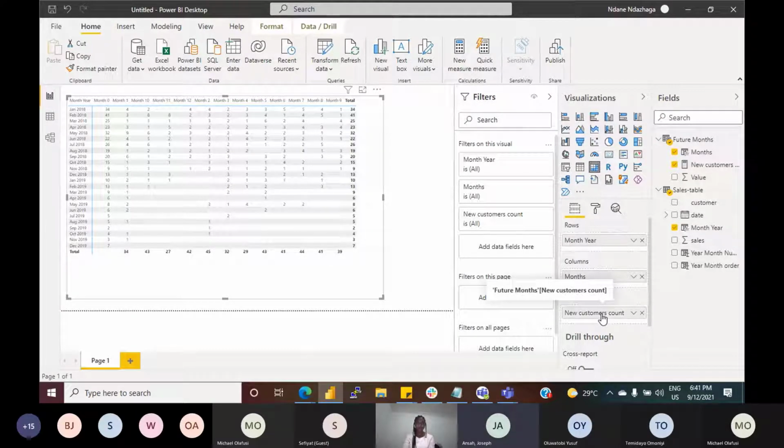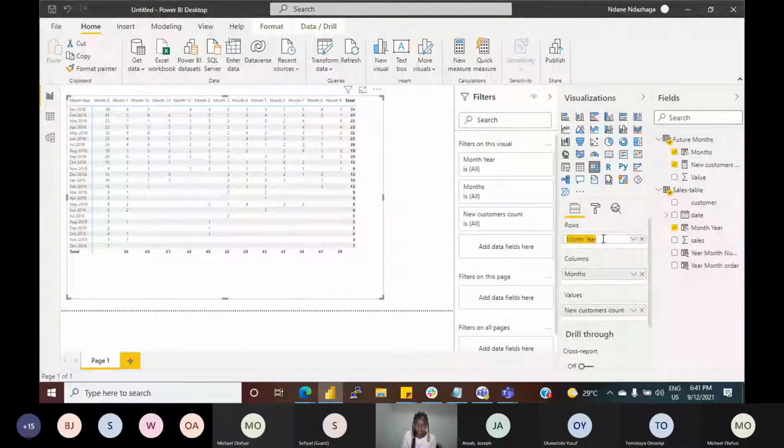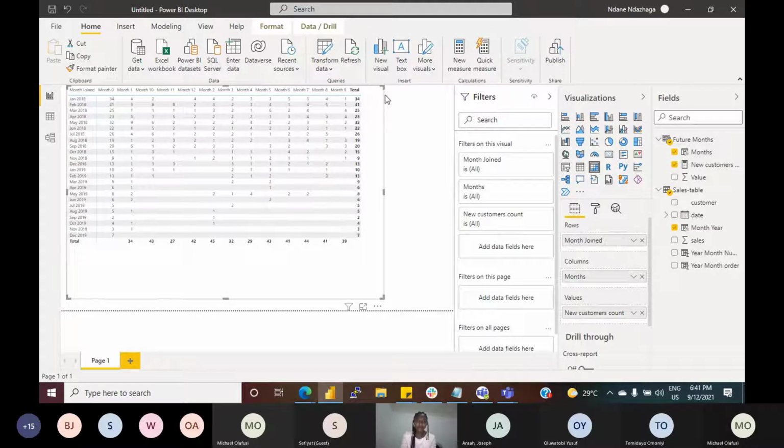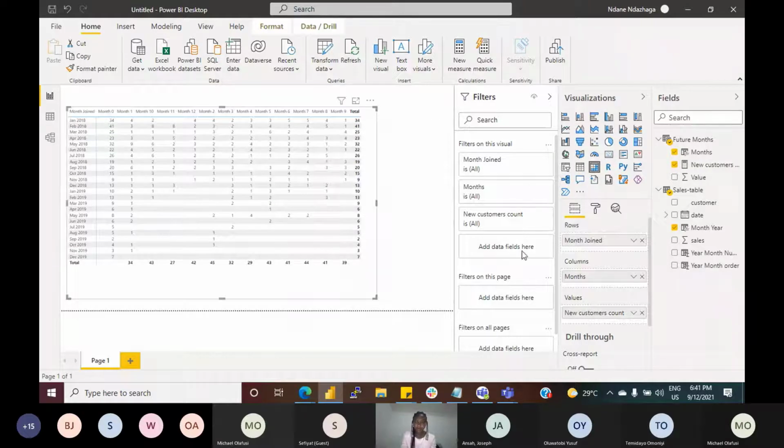Okay, thank you. Now you want to rename this to the month that the customer joined, which is months joined. And then we just leave this one as months, and then new customers count. So this is telling that in January, let's make this more presentable.